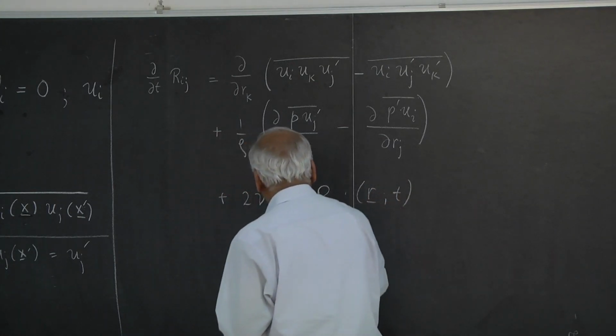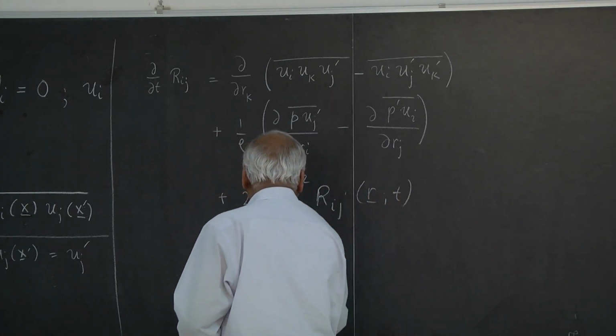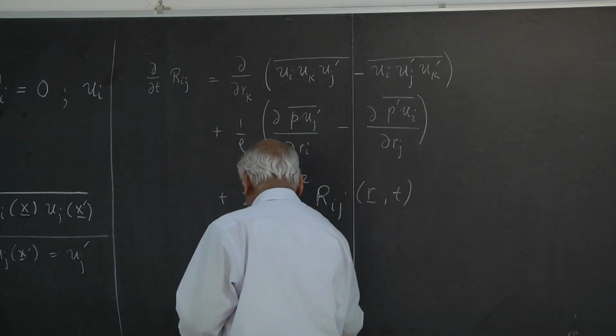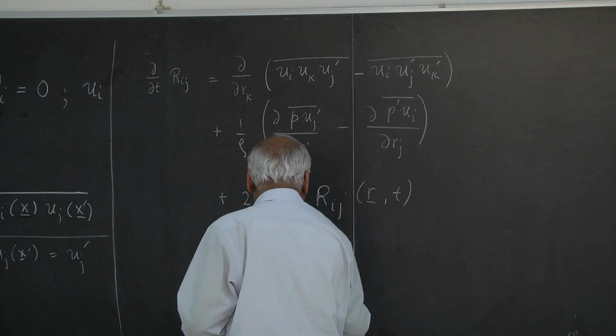So this Laplacian here is simply d squared over d rk squared or something like that.